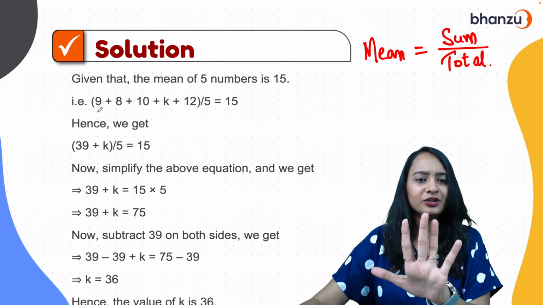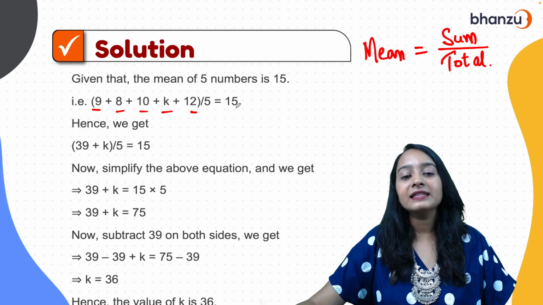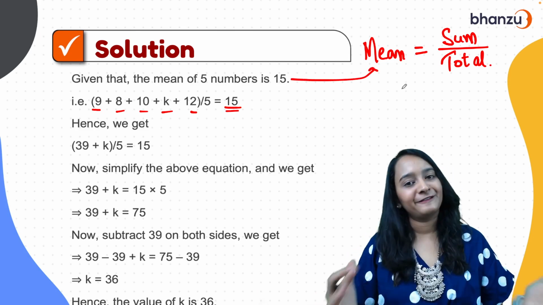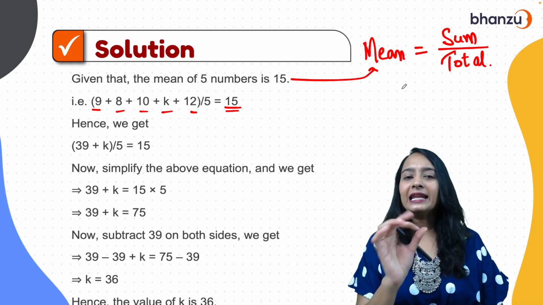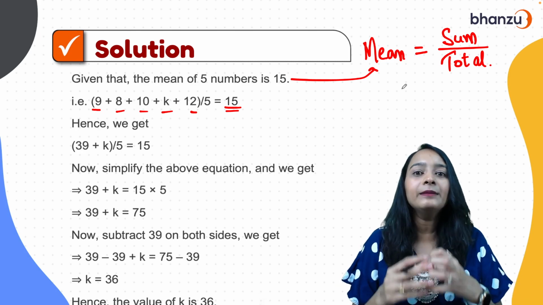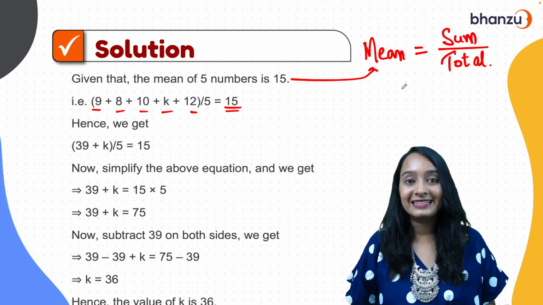We have 5 observations, 1, 2, 3, 4, 5. Divided by 5 is equal to the mean, because the mean is already given to be 15. So from here, we found the value of k. Now in grade 7, there's another chapter after this called Simple Equations, where we will be learning how to find the values of a variable like this k here.